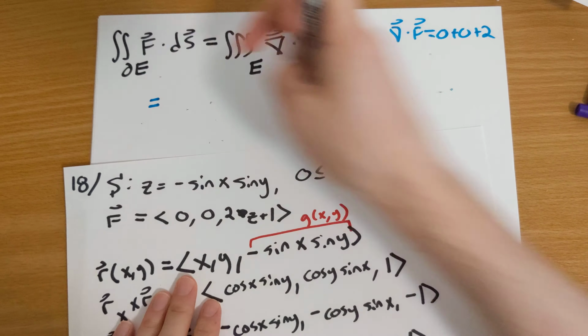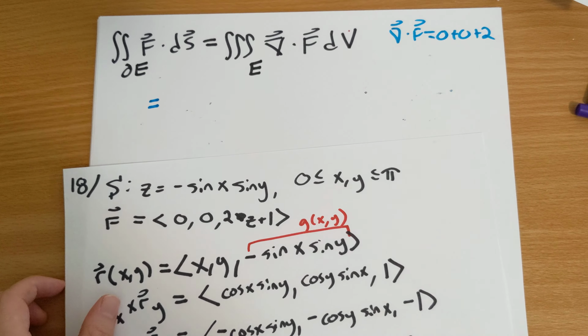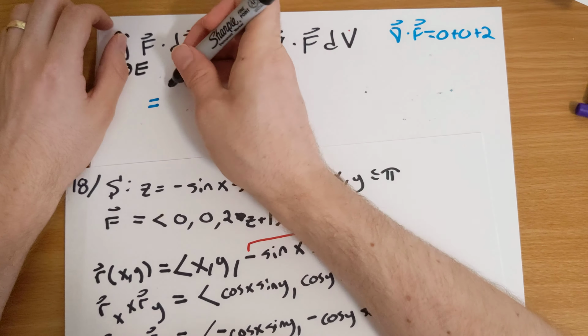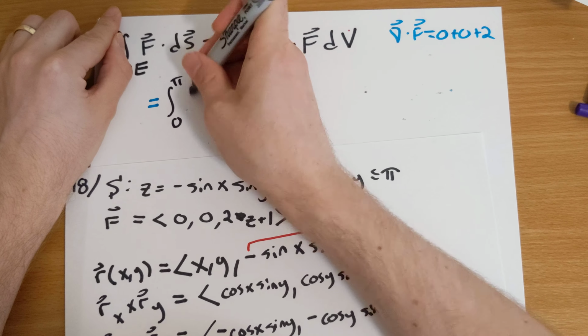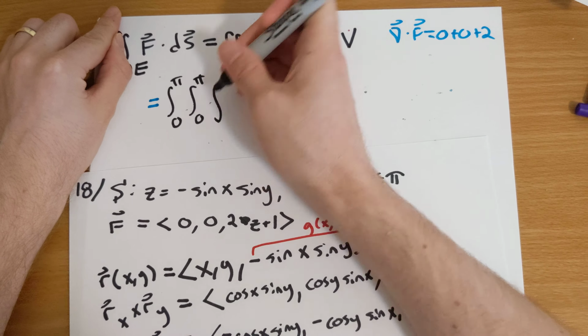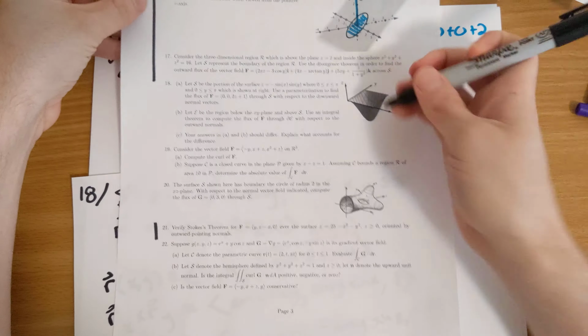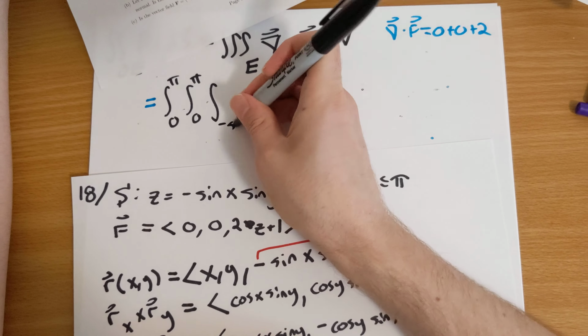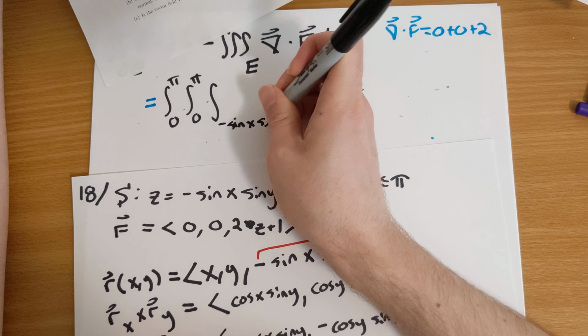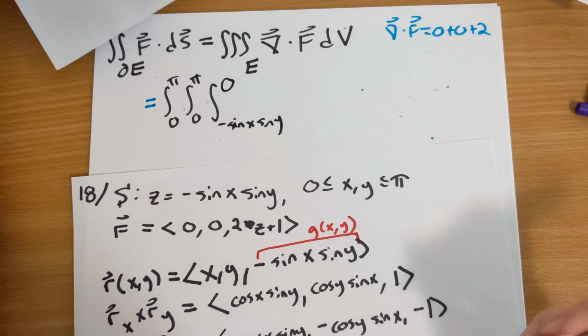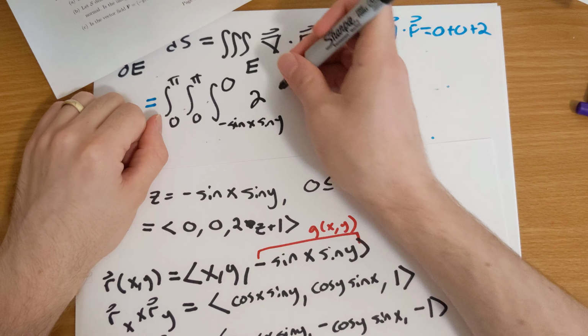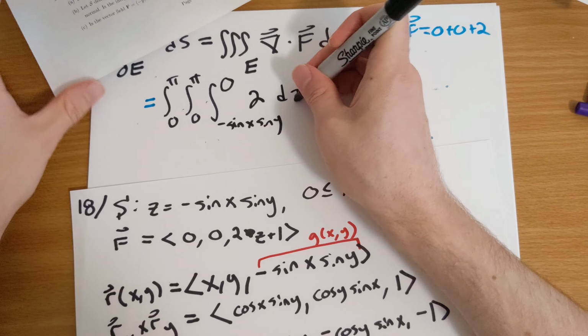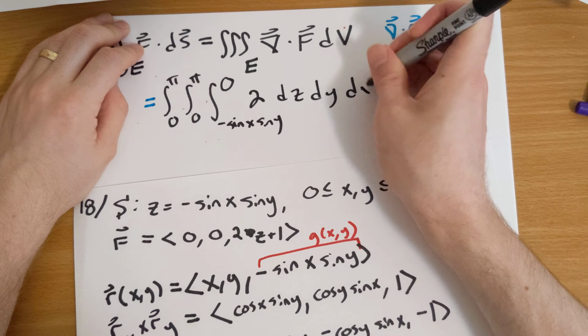So we are integrating 2 here over this region, and the bounds on the region, x and y, as before, are running from 0 to pi, and then the z bounds, the smallest z will be negative sine x sine y, and the biggest z can be 0. So we're integrating 2 dz dy dx.